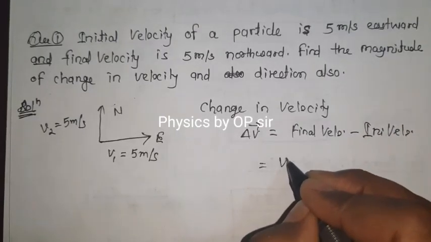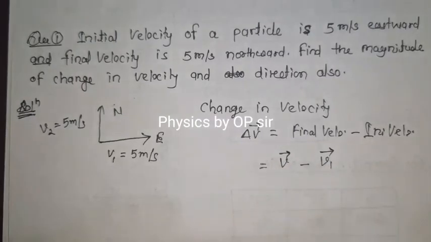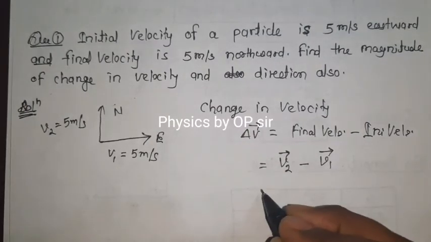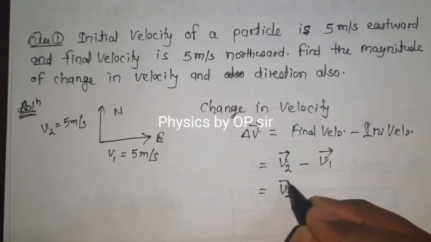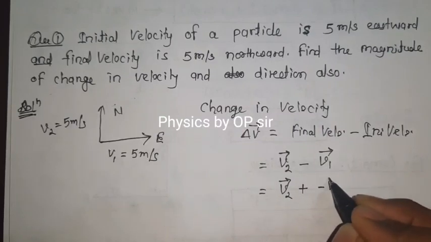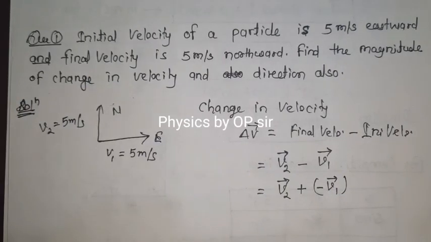Final velocity is v2 vector, and initial velocity is v1 vector. So here we need v2 vector and minus of v1 vector. We can write it in this form: v2 plus minus of v1 vector. So simply we need the negative vector of v1.